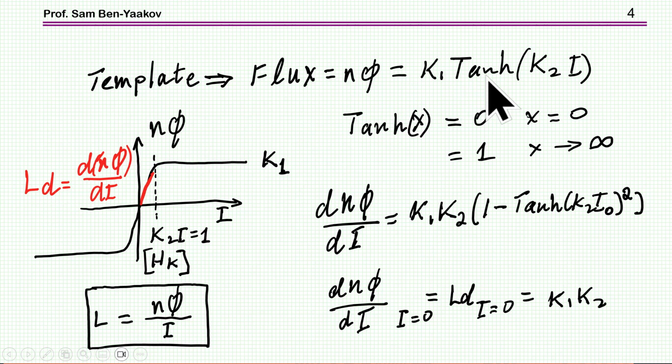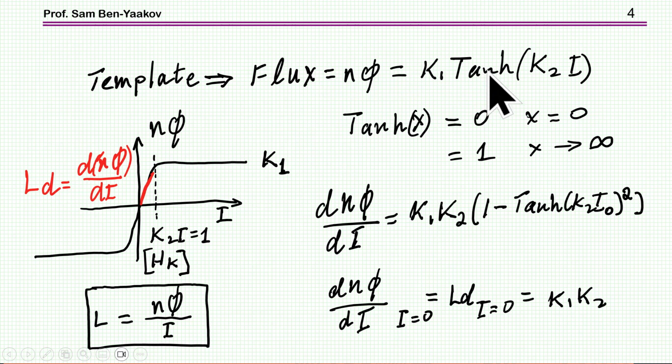And this is the template we are talking about. It's a constant times the tangent hyperbolic function, and there is another constant here, and this is the actual current. So we have a function of N phi as a function of I. This is the definition needed for LTspice to run the simulation.